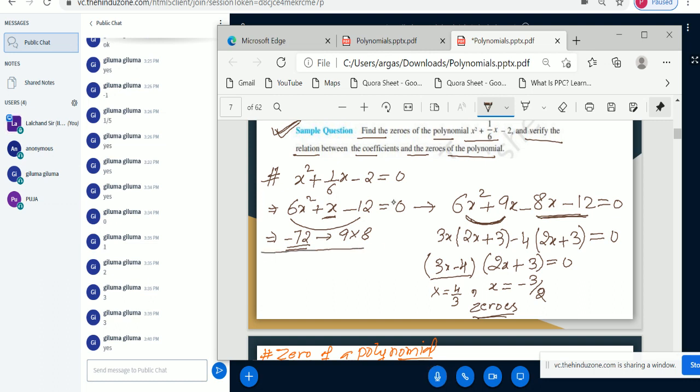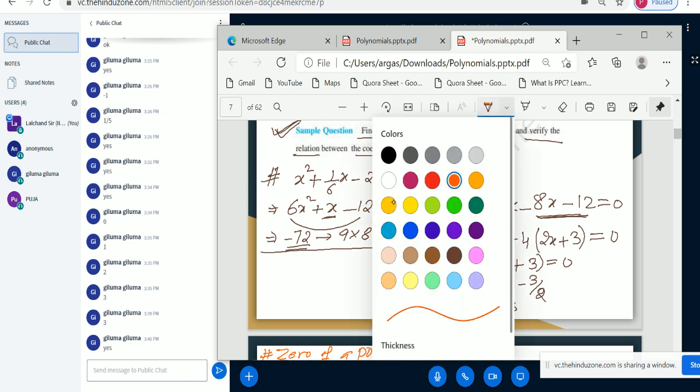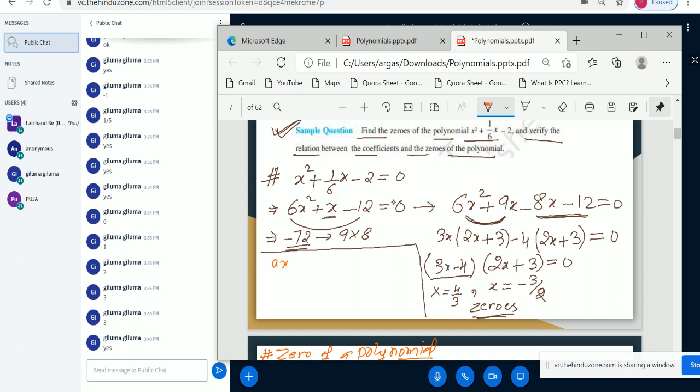So for a general quadratic polynomial ax square plus bx plus c equal to 0, the sum of zeros or sum of roots is equal to minus b by a, and the product of zeros is equal to c by a.